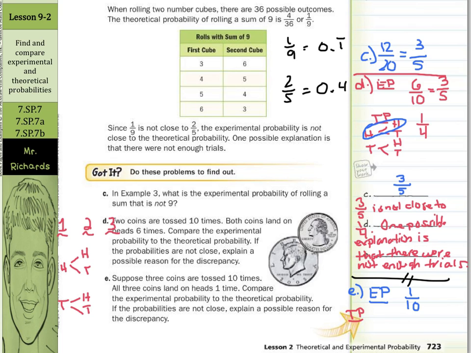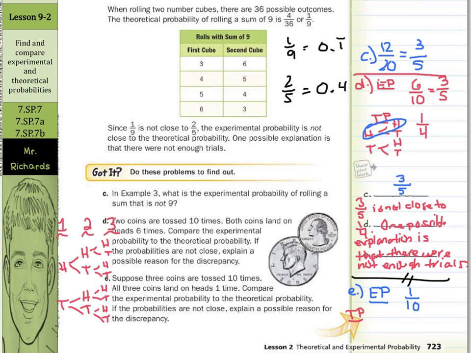And if we were to have a third flip, you could go heads, tails, heads, tails, heads, tails, heads, tails. So you could go heads, heads, heads; heads, heads, tails; heads, tails, heads; heads, tails, tails; tails, heads, heads; tails, heads, tails; tails, tails, heads; tails, tails, tails.